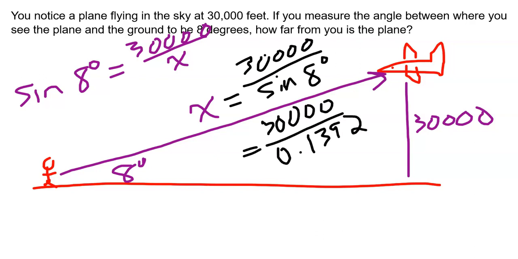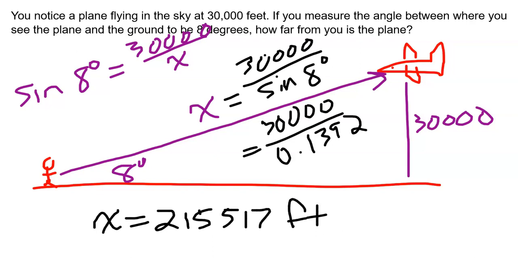And if we take 30,000 and divide it by 0.1392, we end up with x is equal to 215,517 feet, approximately, a long way away.